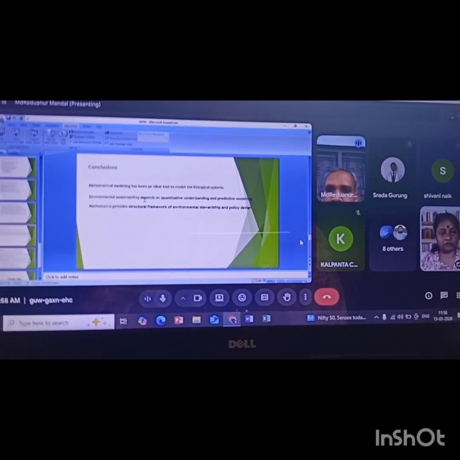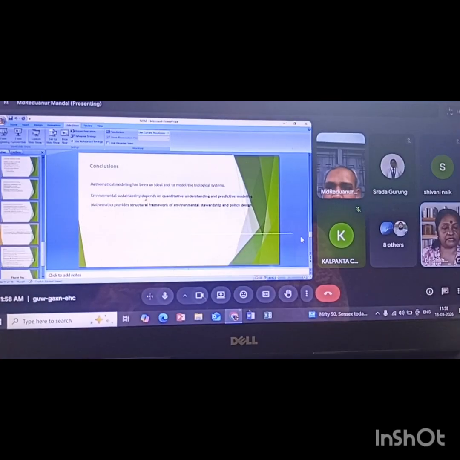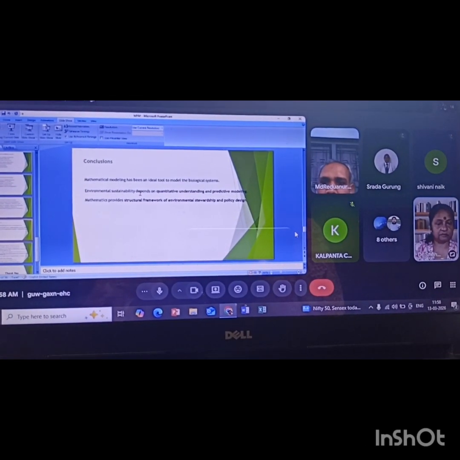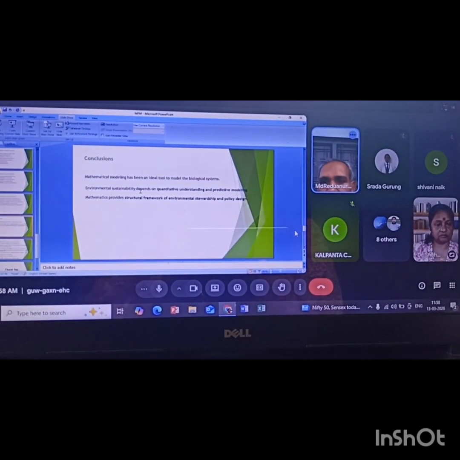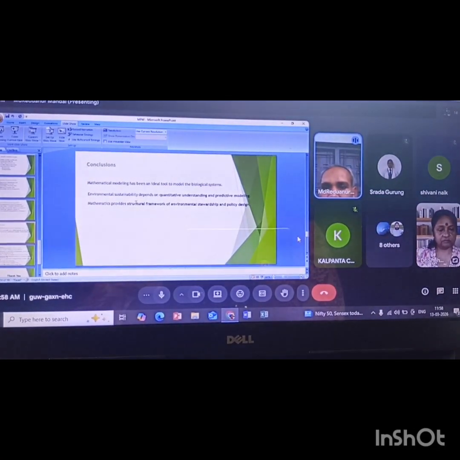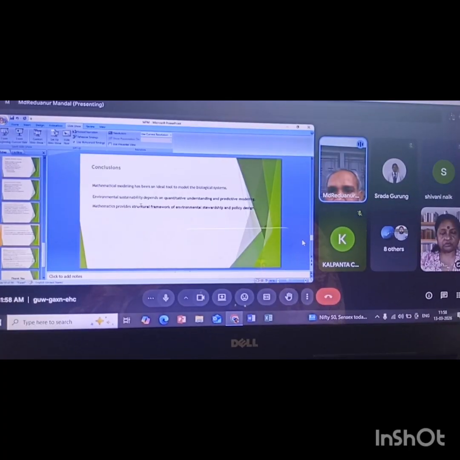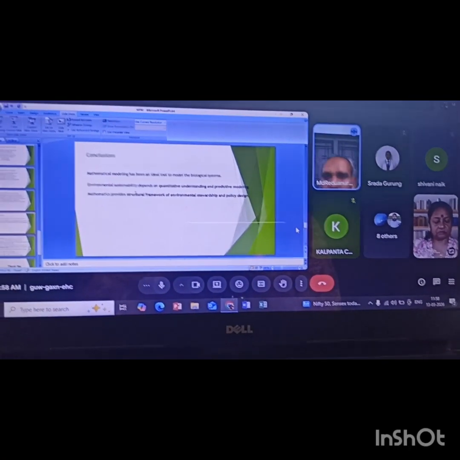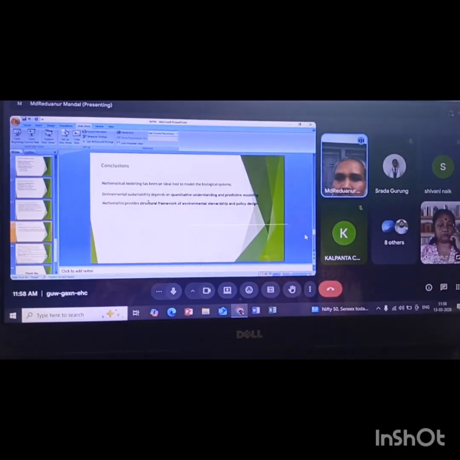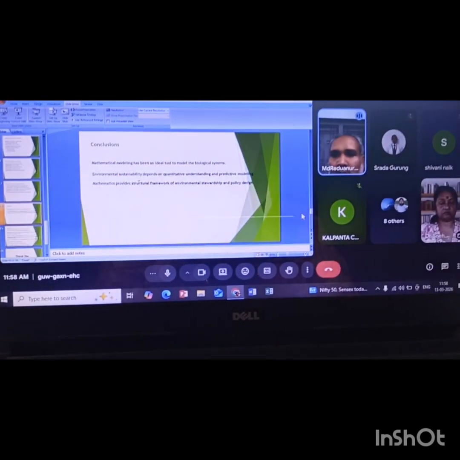On exactly what have you studied those models? On predator-prey models, and also on fisheries models, like how fisheries are harvested. There may be a constant rate of fishery, a linear rate of fishery, and a non-linear rate of fishery.